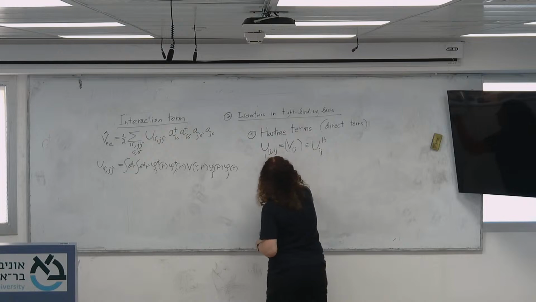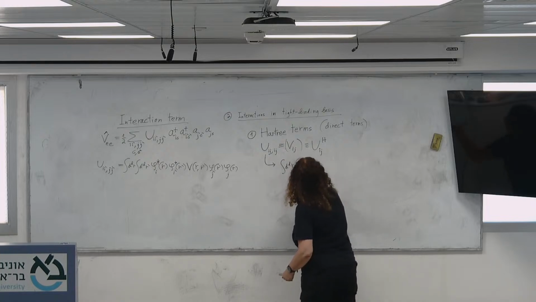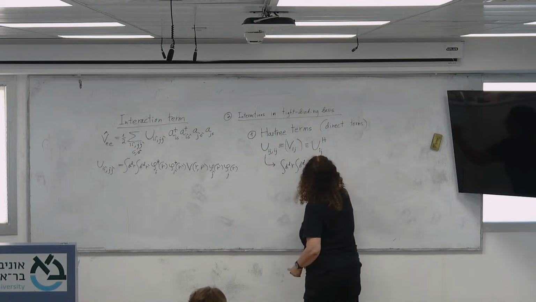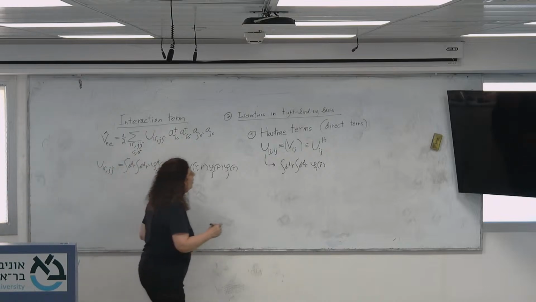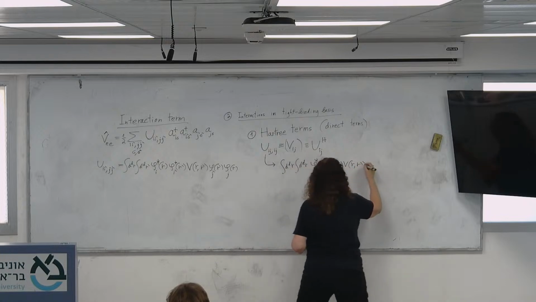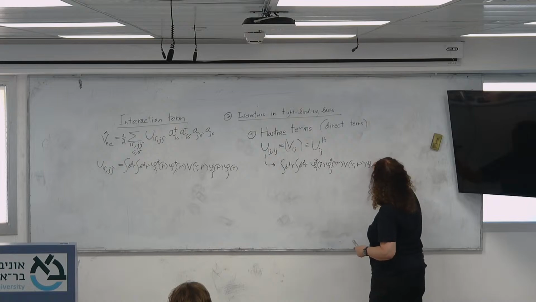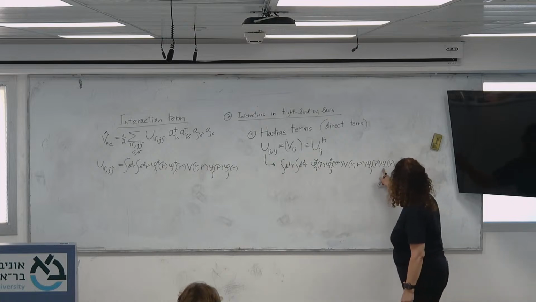If I write it explicitly, you see that it's a double integral of phi I star of R, phi J star of R prime, V of R R prime, and now I have, once again, phi J of R prime and phi of the same I. I just copied the definition, but notice what we have here.